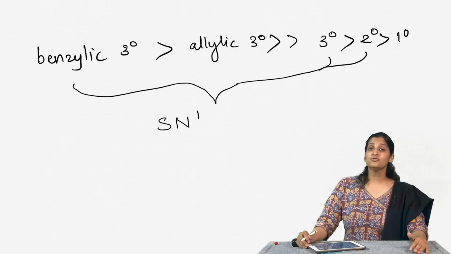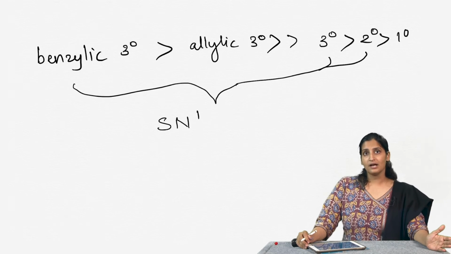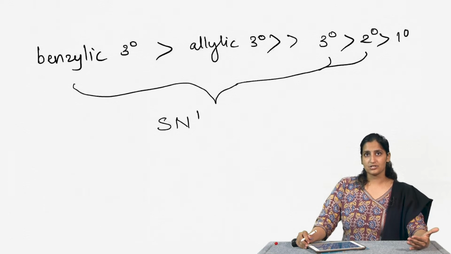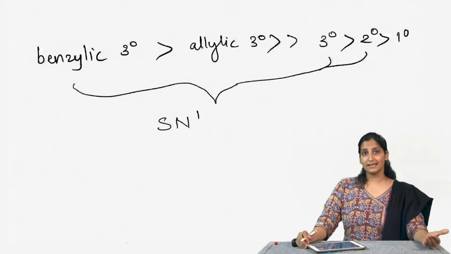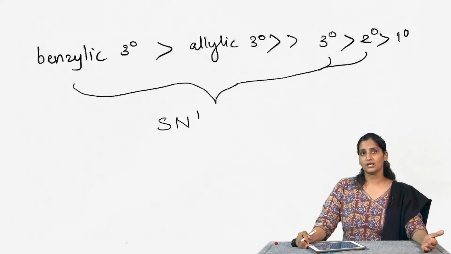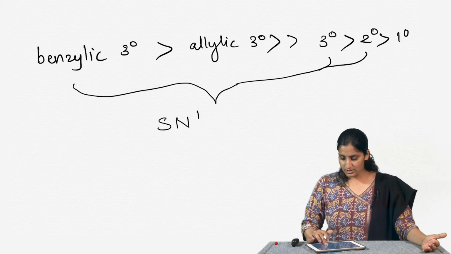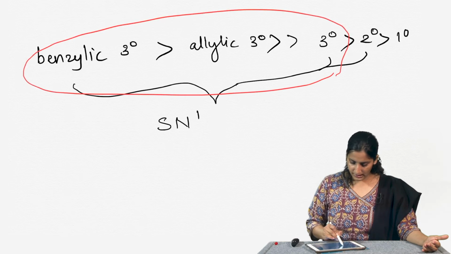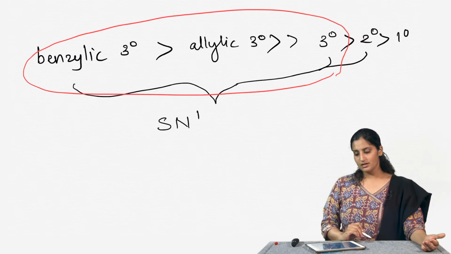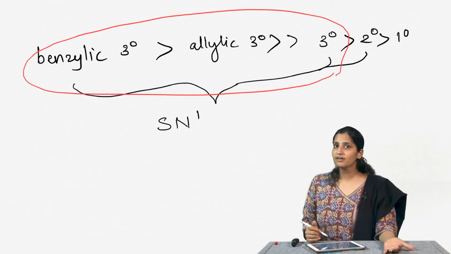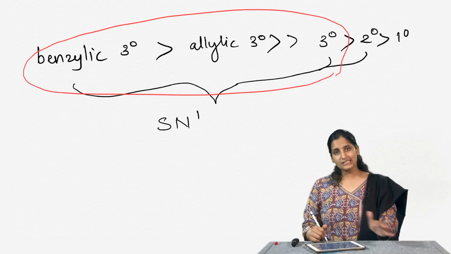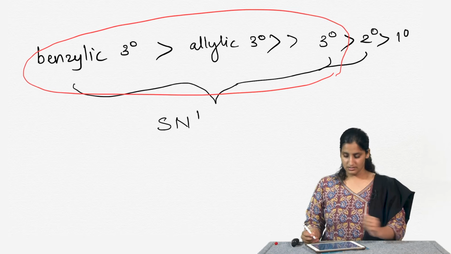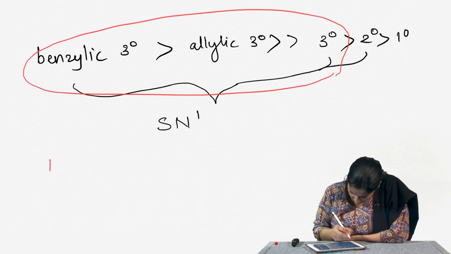But we pretty much do not see any primary alkyl halide undergoing this kind of reaction. We also do not see any methyl alkyl halide undergoing this reaction. So, the reaction works mainly for tertiary, allylic, and benzylic compounds. It does not work very effectively for secondary, and it certainly does not work for primary or methyl alkyl halides.